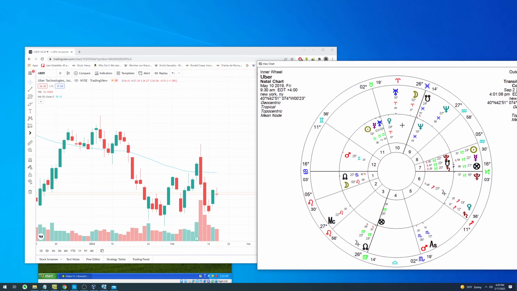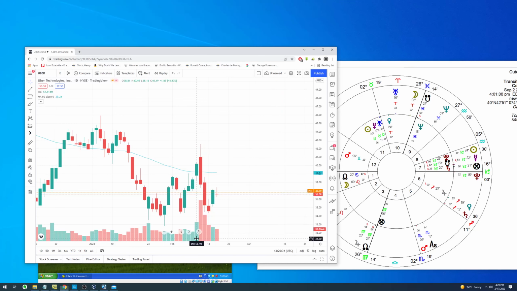Jupiter opposing the midheaven. The stock closed here, and when the market opens, they even beat the earnings per share by 247%. They were expecting negative 0.3.